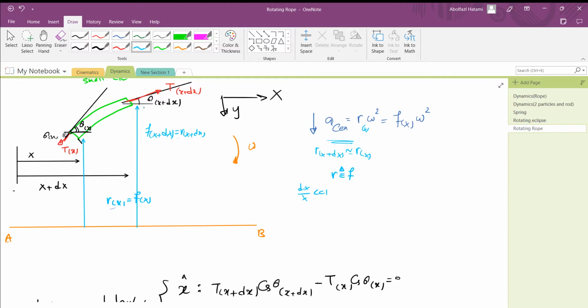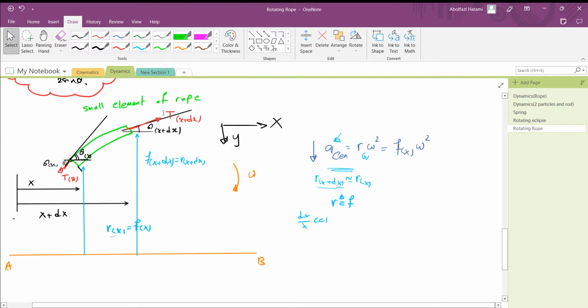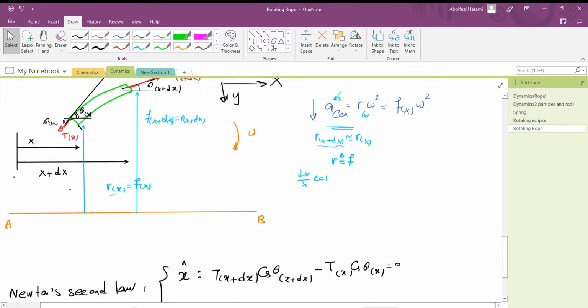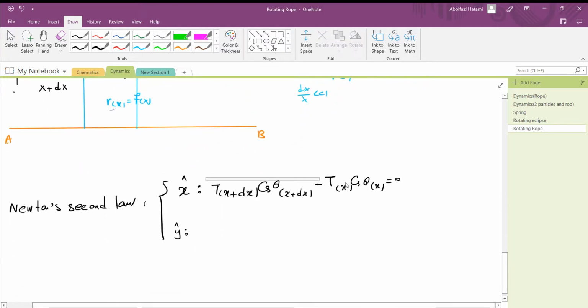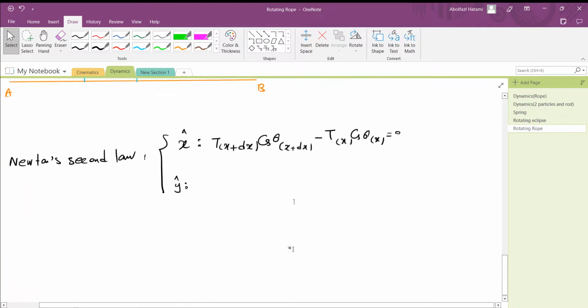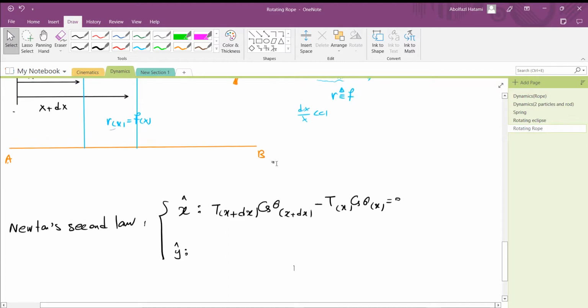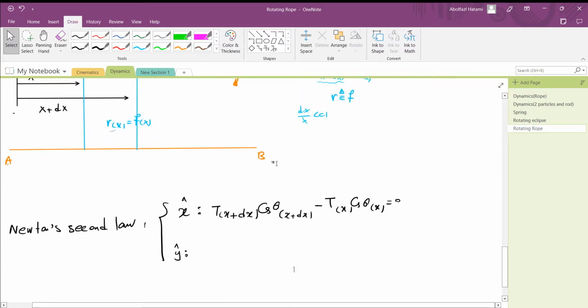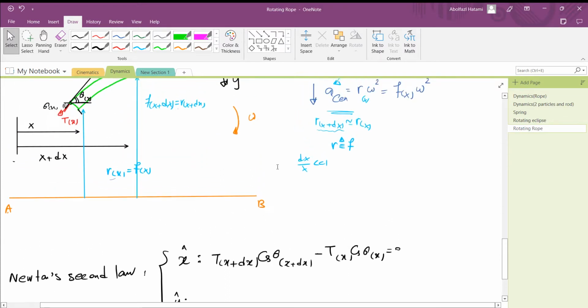If we take r of x plus dx in this equation, it doesn't change our answer very much. But for T and theta, we should write T of x plus dx and theta of x plus dx, because they have a big effect on our equations.